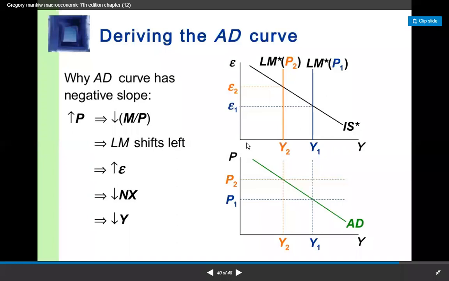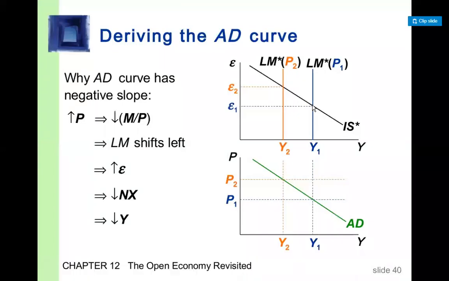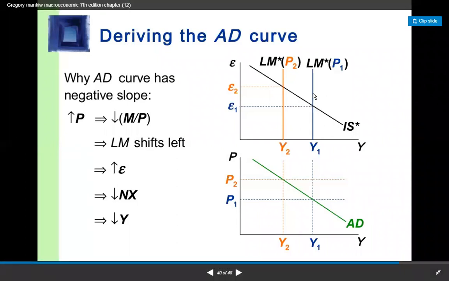Since output is on the horizontal axis, similarly we take a parallel horizontal axis, and here we take Y. At this equilibrium level, we derive one point of aggregate demand over here, where our income level is Y1 and the price level is P1. We have assumed that this is the price level we have.